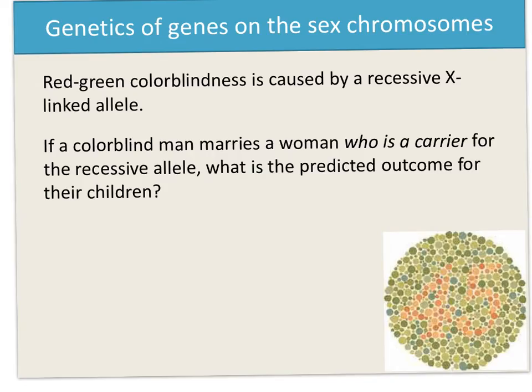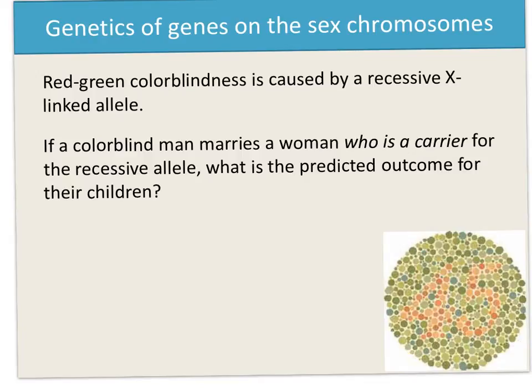Anybody in here colorblind? Can't see red and green? Now, it turns out color blindness is caused by a mutation on the X chromosome. And if a colorblind man donates an X, he can donate a bad X with a mutation, or the mother, though, is usually the carrier.